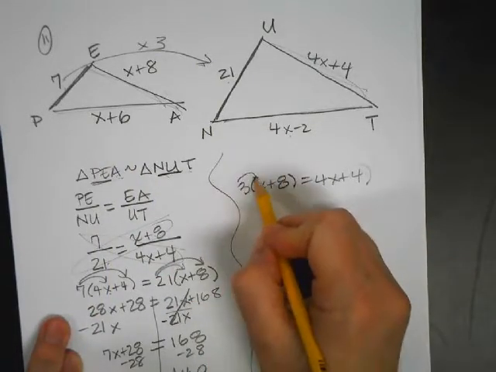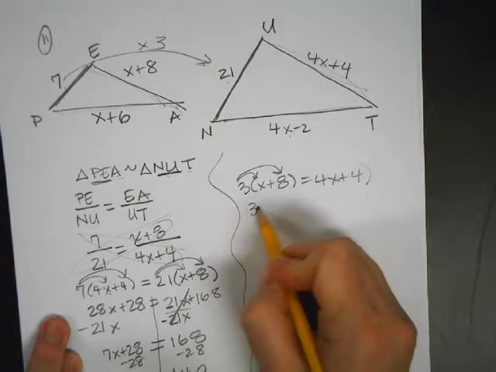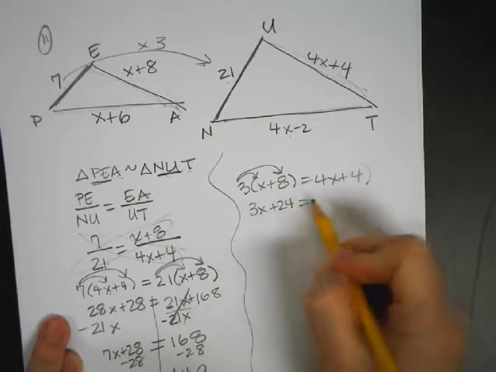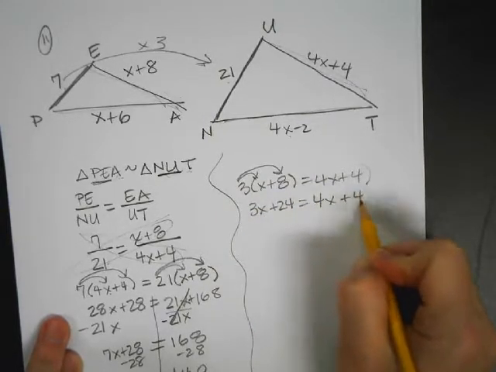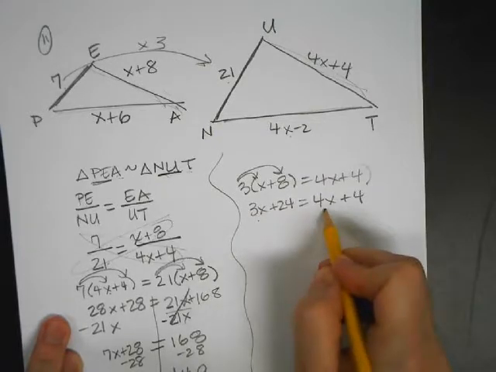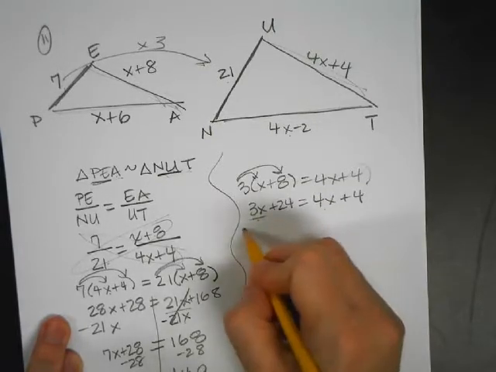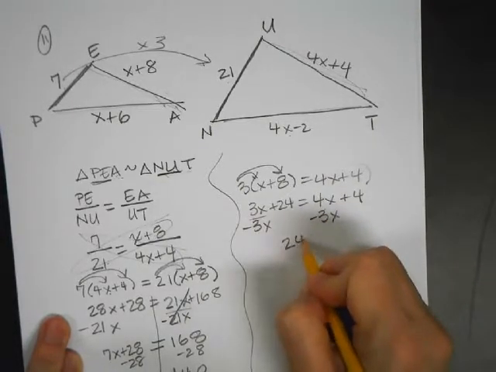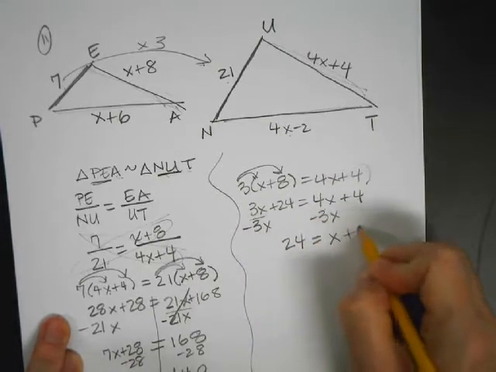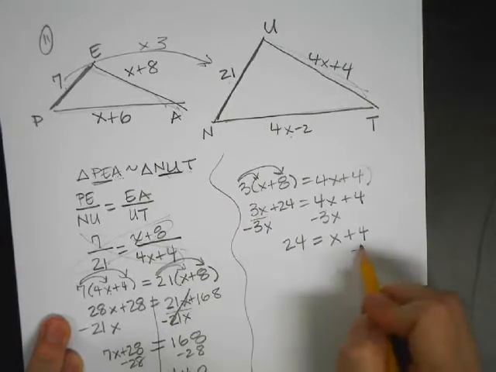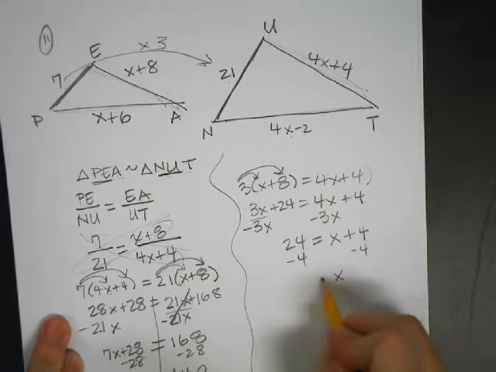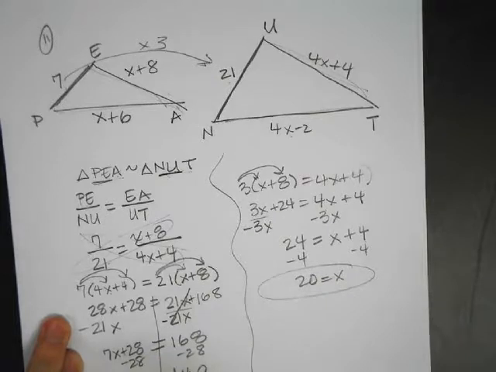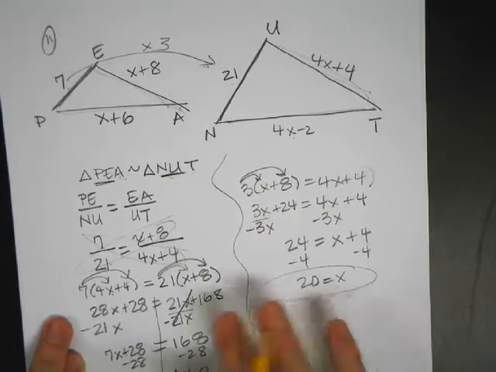So if I distribute, 3x plus 24 equals 4x plus 4. X is on both sides. The 3 is smaller, so I'm going to subtract it. Minus 3x on both sides. Subtract 4 from both sides. So either way is fine with me. You just have to show your work.